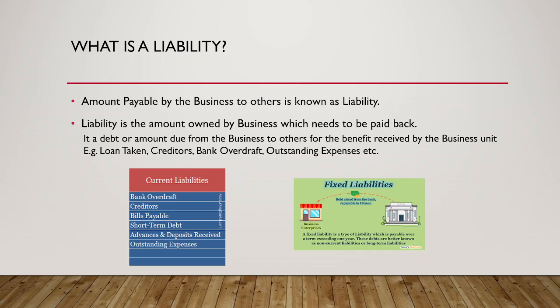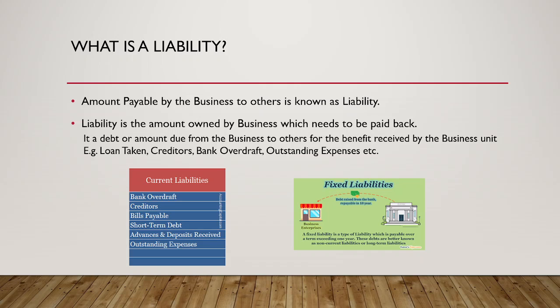So goods purchased from the supplier are nothing but a liability. The company is liable to make the payment for the goods which it has purchased from the supplier. So liability is the amount owed by the business which needs to be paid back.